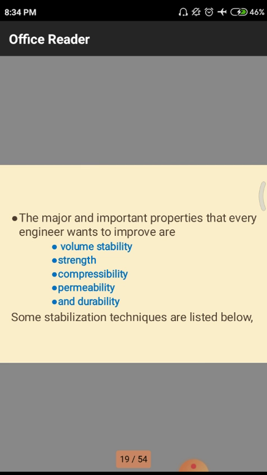If the voids are very high, compressibility is also very high; if the voids are low, compressibility is also low. Next is permeability. Permeability also depends majorly on voids. If there are voids, they will absorb water and increase the soil volume.